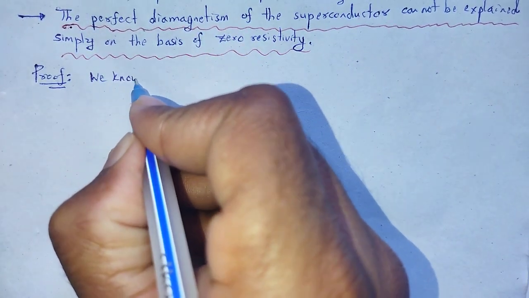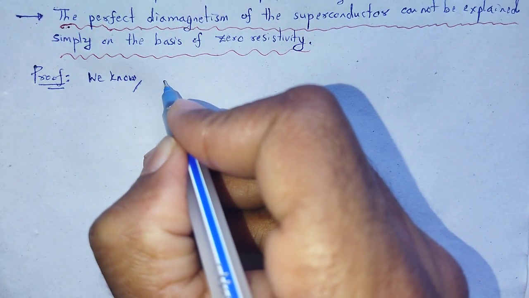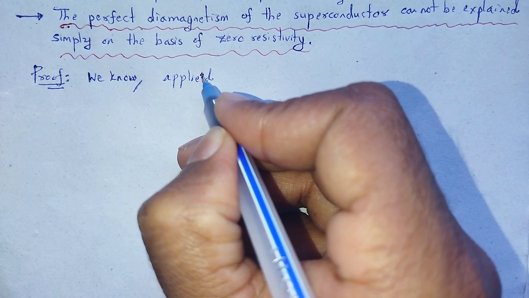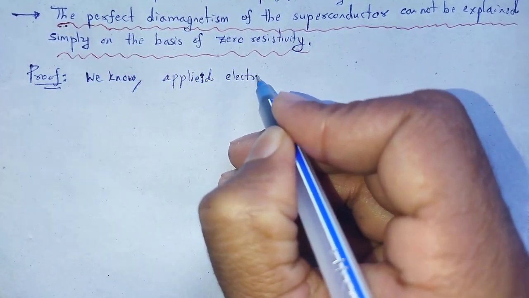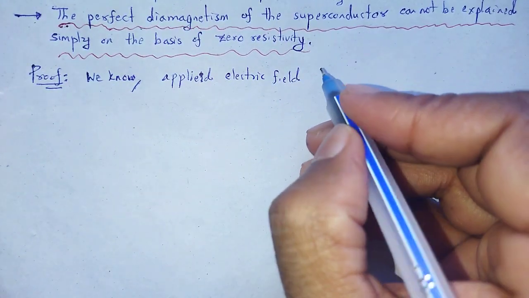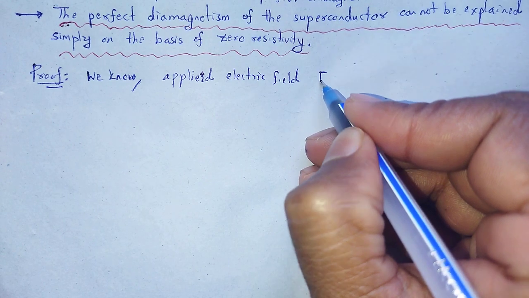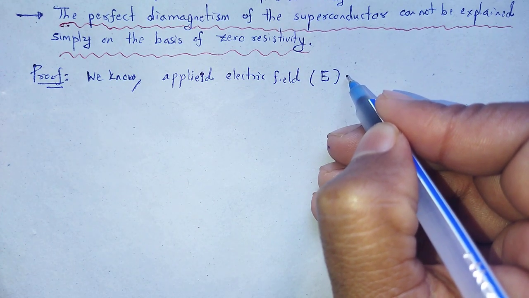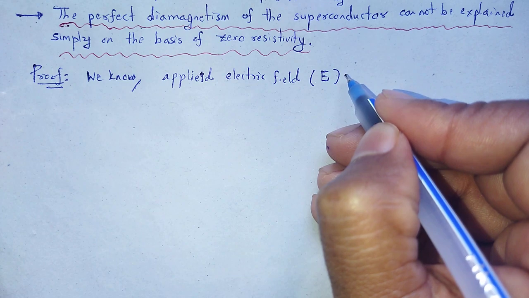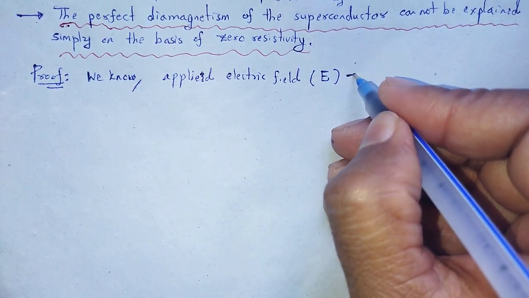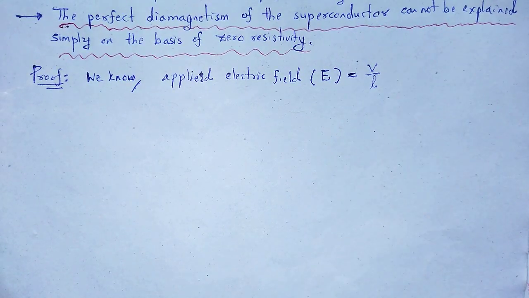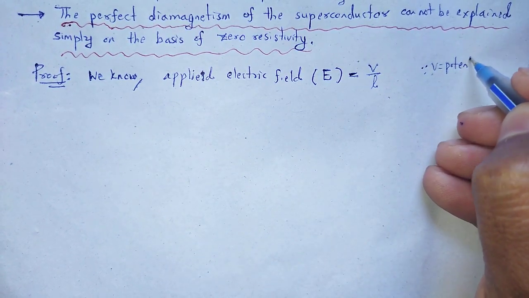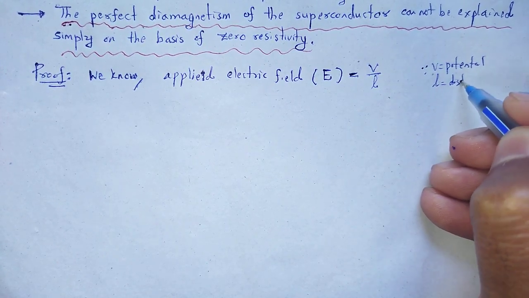We know the applied electric field intensity is equal to potential divided by distance, E equals V by L, where V is the potential and L is the distance.